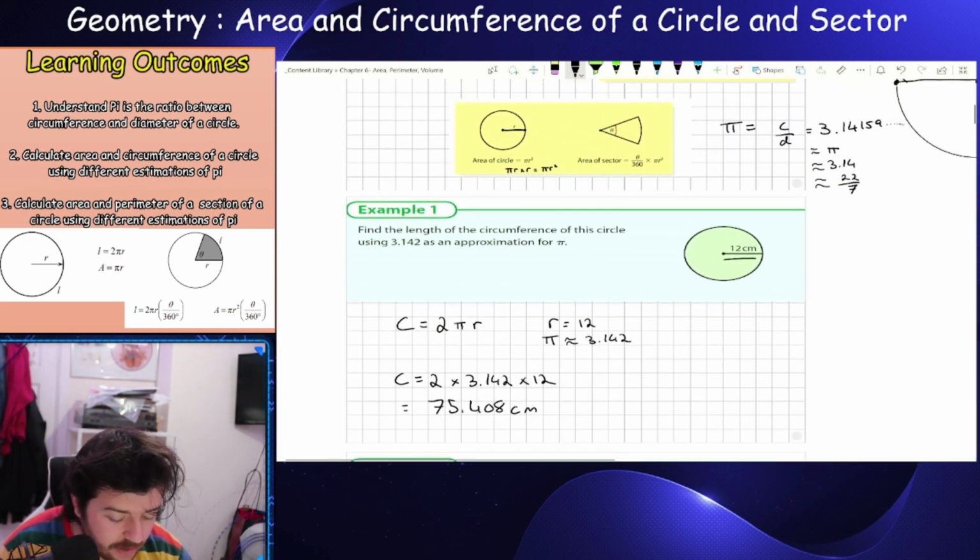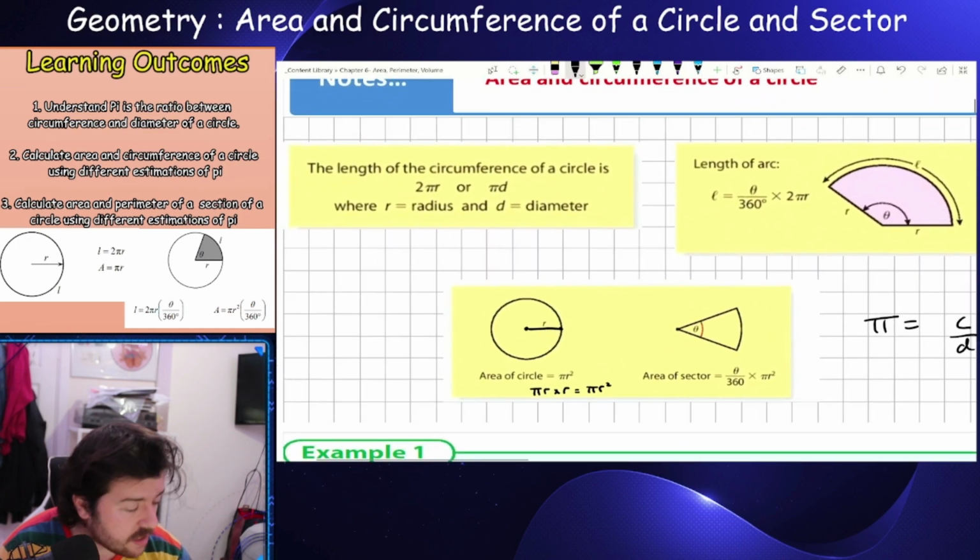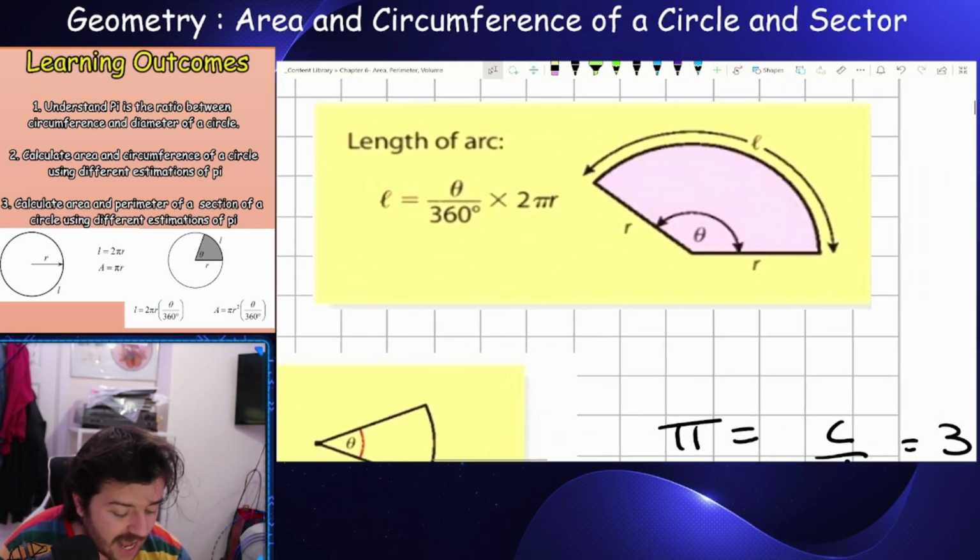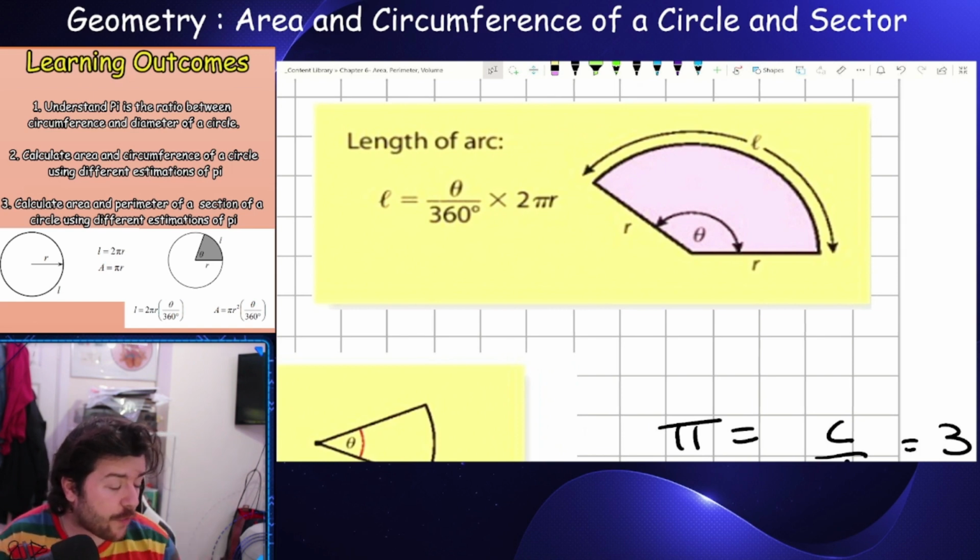So now that we know how to calculate the circumference and the area of a circle, what about a section of a circle? If I have a section of a circle and I'm asked to calculate the curved part, that's called the arc. What we do there is find a fraction of a circle.